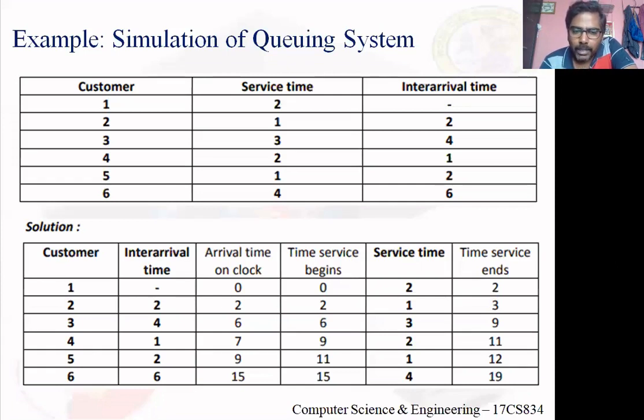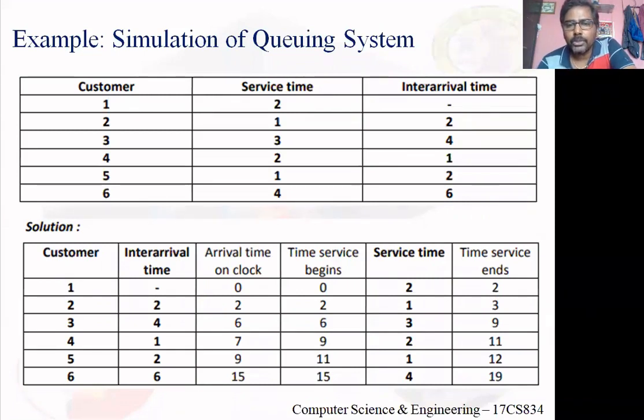But at that moment, the server is busy serving the third customer. At time 7, when the fourth customer arrived, the server is busy serving the third customer. The third customer's service will end at time 9.